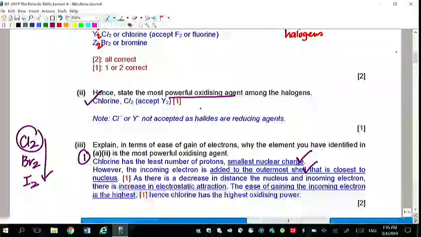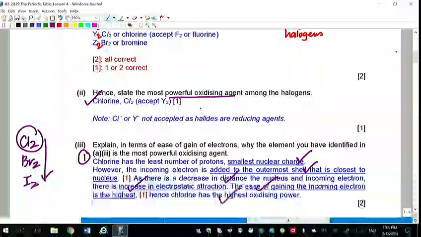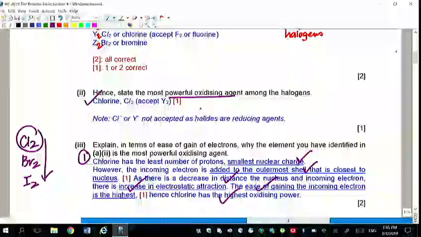Hence, the distance between the nucleus and the incoming electron in chlorine is going to be the smallest. Smallest distance, stronger electrostatic attraction. Chlorine is able to gain the incoming electron more easily. Itself is able to undergo reduction more easily, hence is able to oxidize other species more easily. It is the one with the highest oxidizing power.